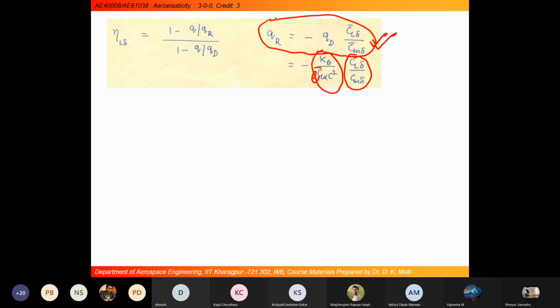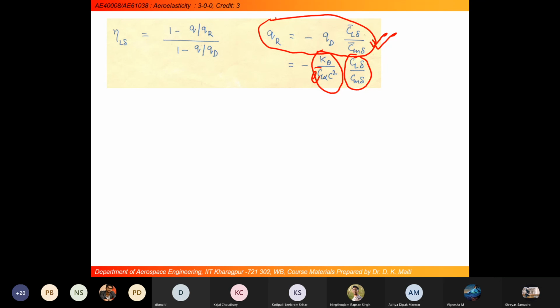Because these are basically conceptual things. What I have explained here is a single degree of freedom system, a simple one, but this is applicable for the full aircraft configuration also. That's why usually in aeroelasticity we talk in terms of the modal approach. We have considered here a modal approach, and we have taken two modes: basically one is the torsional mode of the wing and the other is the control surface deflection of the overall wing.